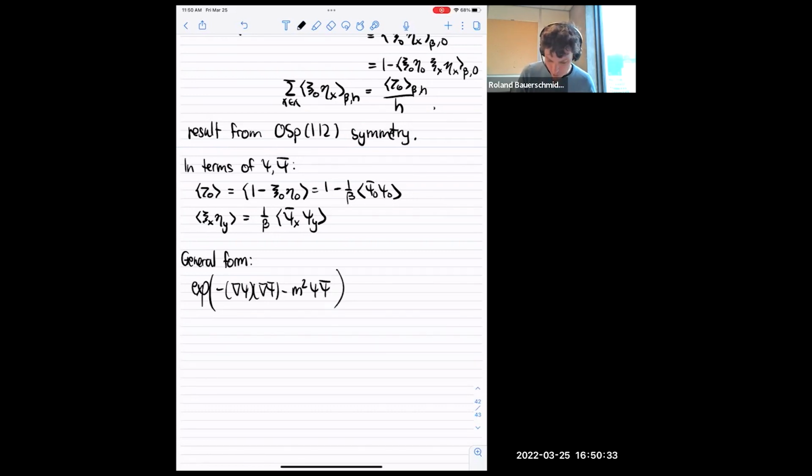There's the Gaussian part, which I wrote like this. So it's like a free field part, and then there's some interaction part, which generically has coupling constants, and I'm putting generic ones.